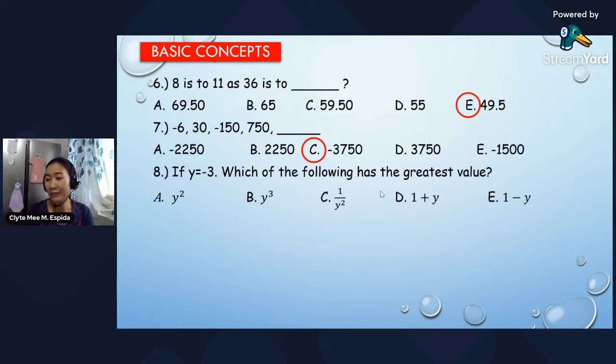If y is -3, which of the following has the greatest value? A, y squared; B, y cubed; C, 1 over y squared; D, 1 plus y; or letter E, 1 minus y.